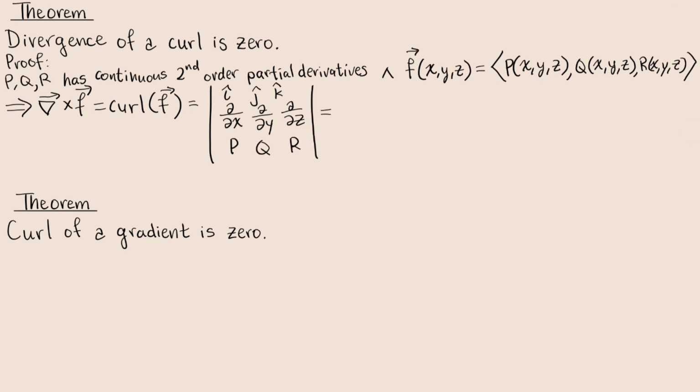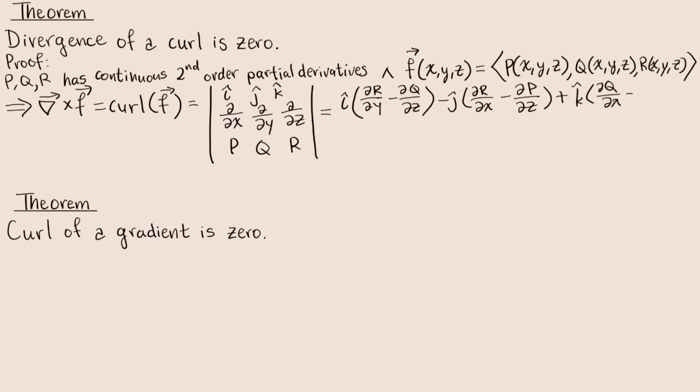Taking this determinant, I'll get i times partial R over partial y minus partial Q over partial z. And then minus j times partial R over partial x minus partial P over partial z, plus k times partial Q over partial x minus partial P over partial y.